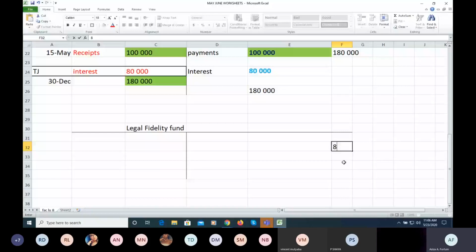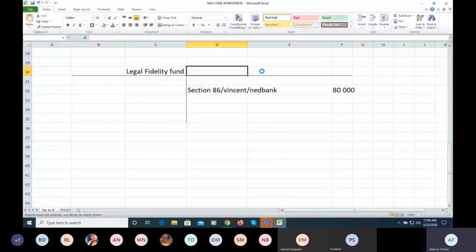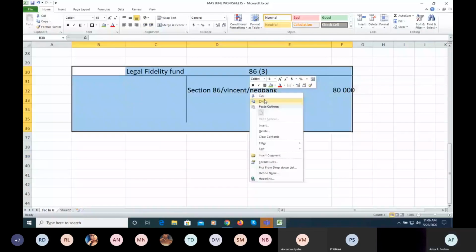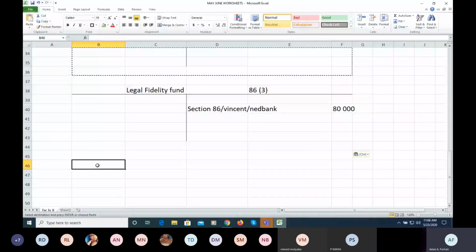And this is under an 86.3. If this was an 86.4, then only 5% of this 80,000 will go to the legal fidelity fund.